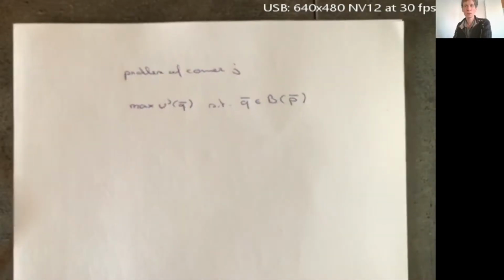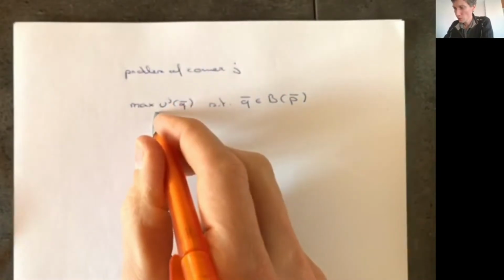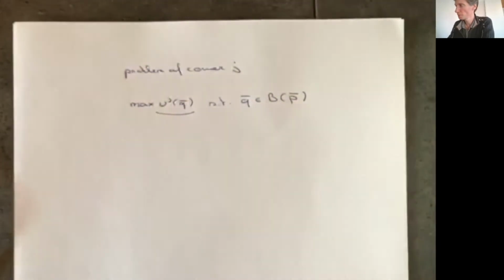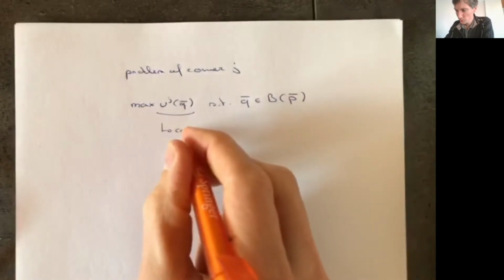This is the problem of consumer j. So what do we know? Well, we know that this is continuous.